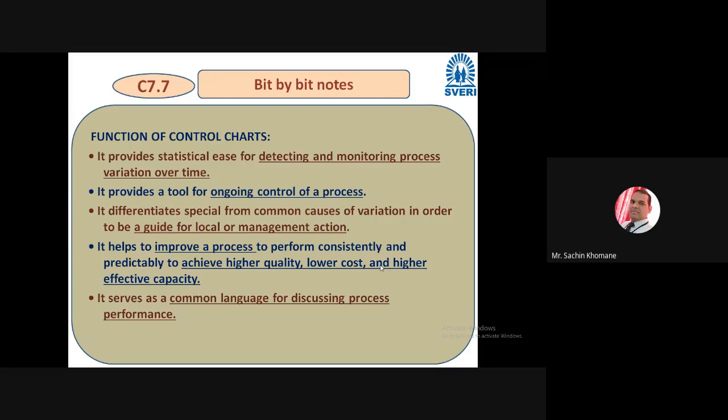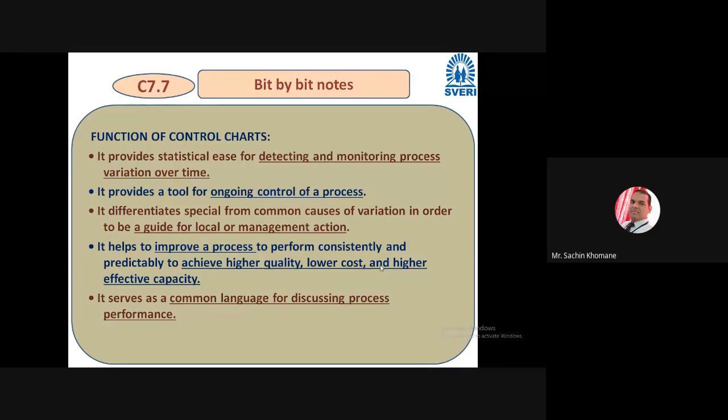That is the significance, or important function, of this control chart: detecting and monitoring the process variation over time, continuously. If you want to monitor and detect the process continuously, the control chart is a very important tool.